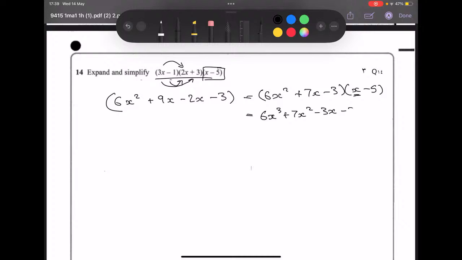So that's minus 30x squared. Subtract 35x plus 15. That equals 6x cubed minus 23x squared minus 38x plus 15. And that is our final answer.